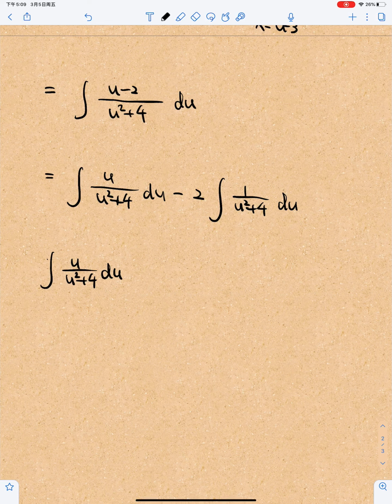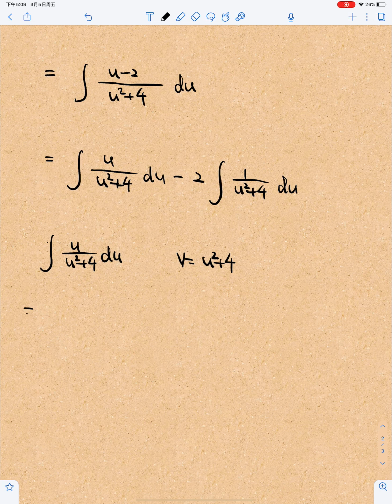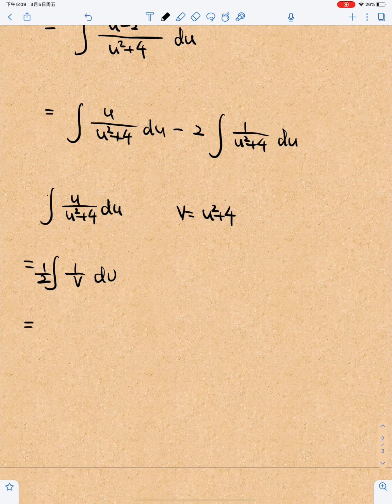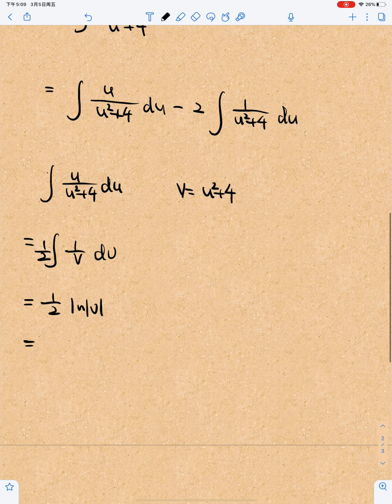This can be solved by a very simple substitution by setting v equal to the bottom part, u squared plus 4. After this, our integral becomes 1/2 times the integral of 1 over v dv. The antiderivative is 1/2 natural log of the absolute value of v, and we get 1/2 natural log of (u squared plus 4) plus c.